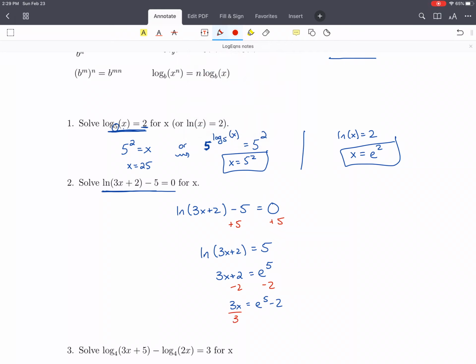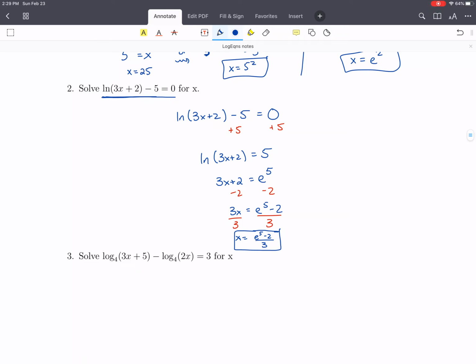Divide both sides by 3. So I get x is equal to e to the 5th minus 2 over 3. And I've solved that logarithmic equation.